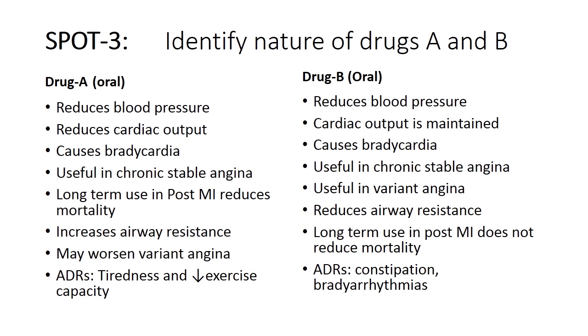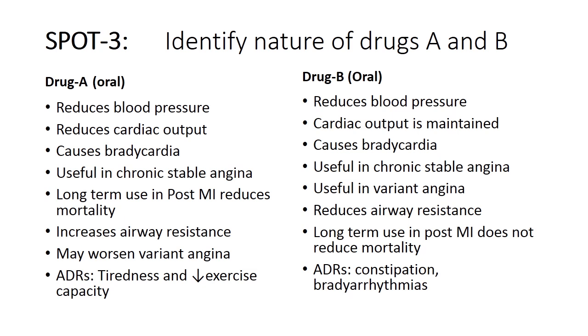Now, drug B, when given orally, reduces blood pressure without affecting much cardiac output but causes bradycardia. It is useful in chronic stable angina pectoris and also in variant angina pectoris, and may reduce airway resistance.